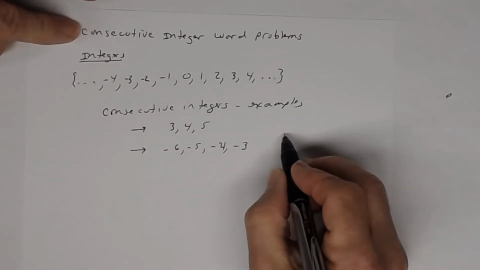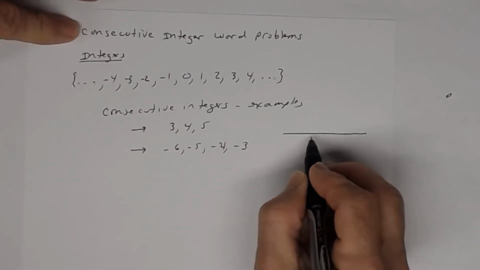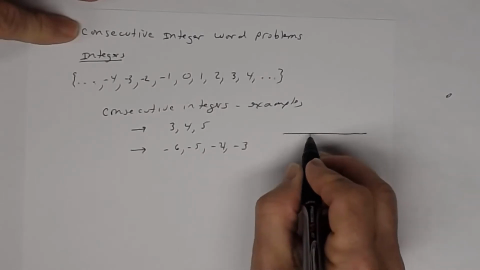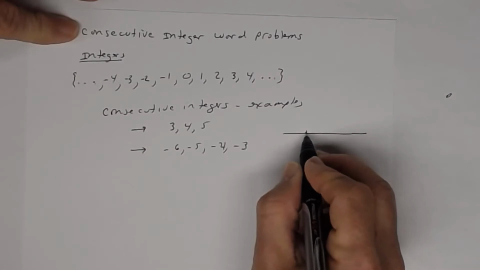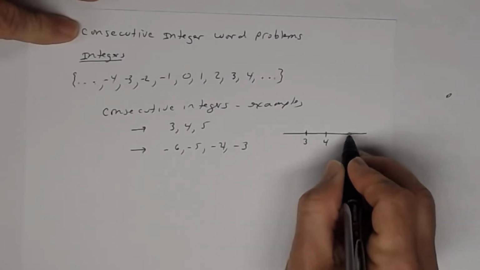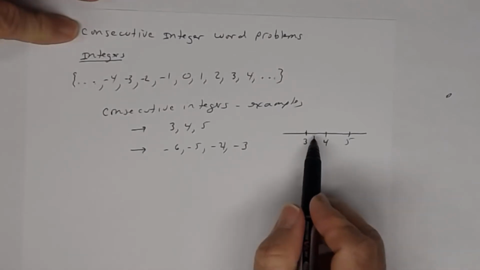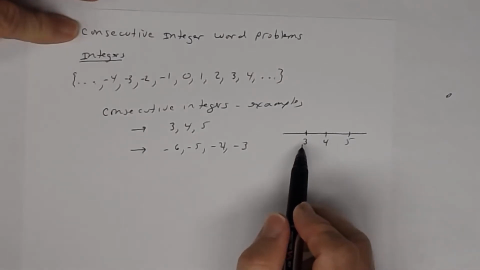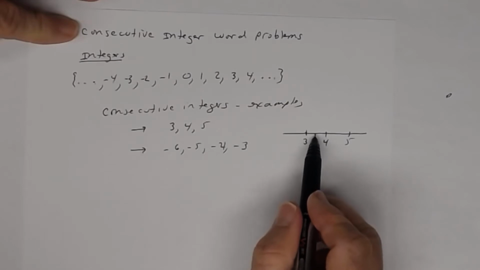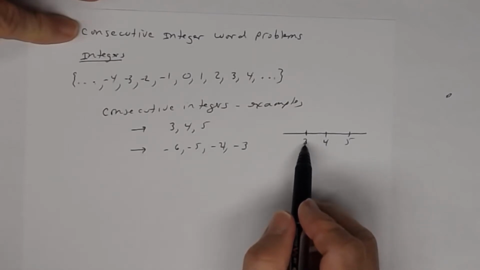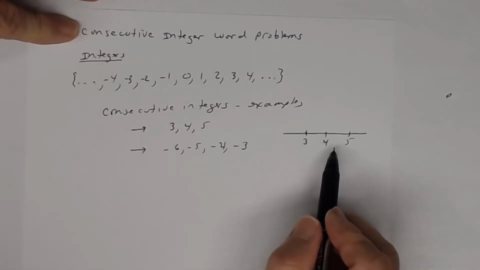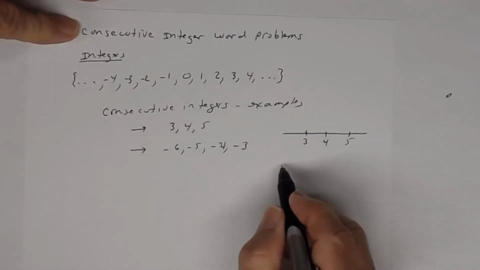On the number line, you can even see it. So for example, the first one, this is 3, so that's an integer. All right? The next integer is 4. And the next integer is 5. So those are 3 consecutive integers. Any number between those are not integers, right? So this number here, that's not an integer. The integers are these whole numbers, 3, 4, 5. Same thing here on this number line.